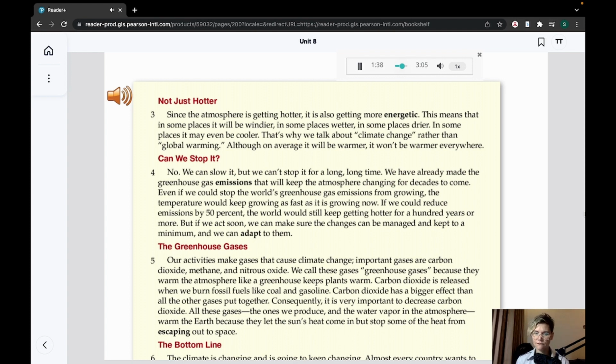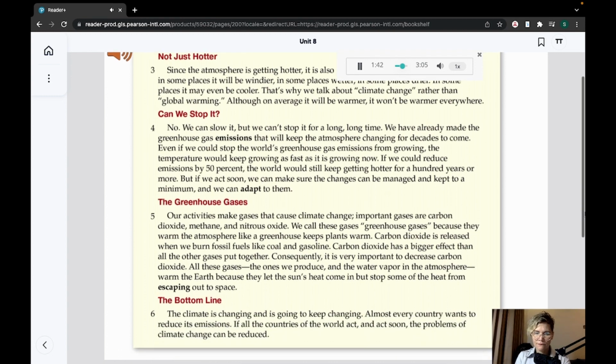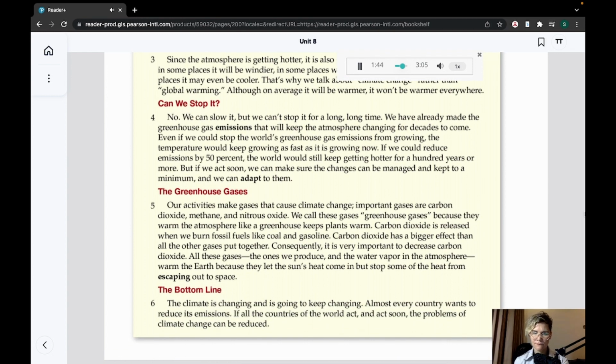The greenhouse gases. Our activities make gases that cause climate change. Important gases are carbon dioxide, methane, and nitrous oxide. We call these gases greenhouse gases because they warm the atmosphere like a greenhouse keeps plants warm.